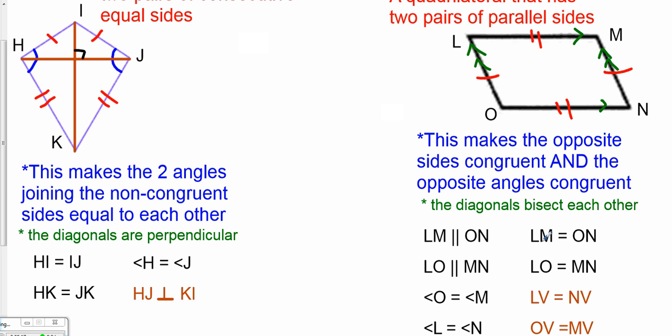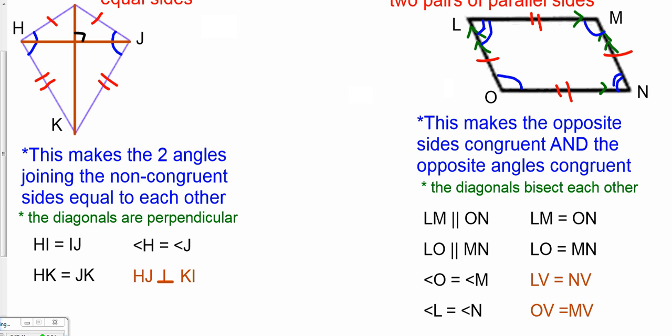So we can add in some information. LM equals ON. LO equals MN. We also know, we'll do this one in blue, opposite angles: angle O equals angle M. Angle N, this piece here, equals angle L.